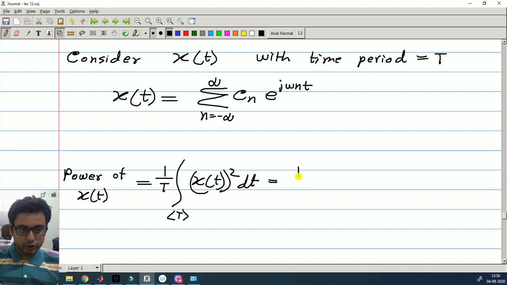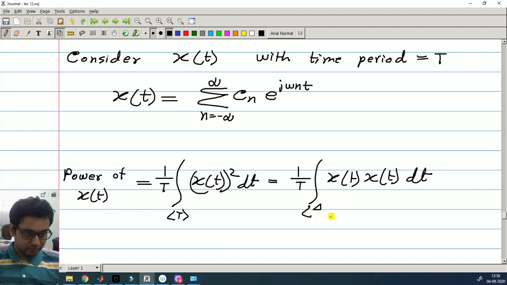This you may also write as 1 over T integration of x(t) multiplied with x(t) dt over a complete cycle.